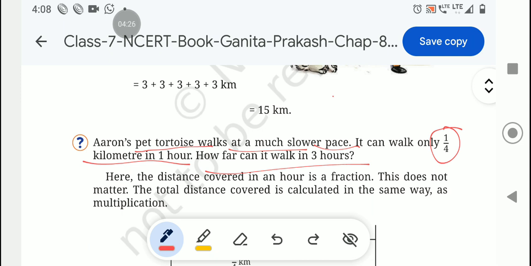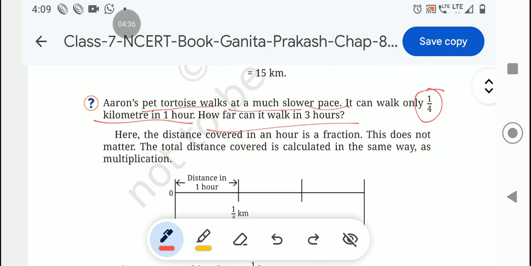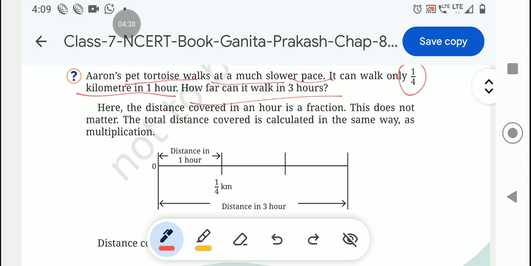So in 1 hour it can walk 1/4 kilometer, and in 3 hours we have to find how many kilometers it can walk. Here the distance covered in an hour is a fraction.